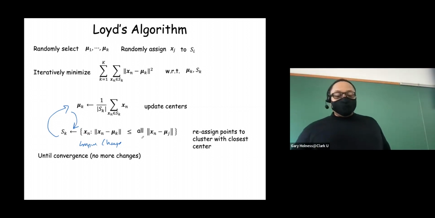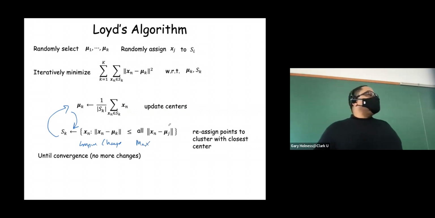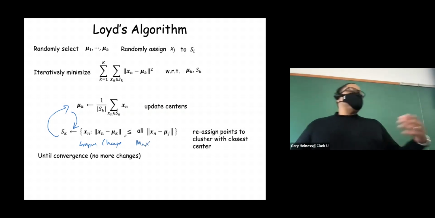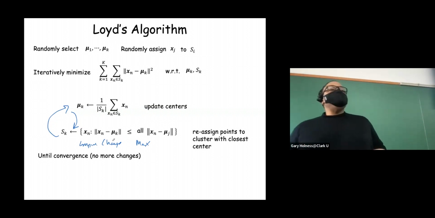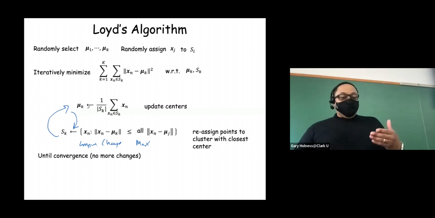And so this second step is called the maximization step, because you are optimizing, or minimizing; minimization and maximization are the same thing. You're reassigning points based on minimum distance to the center. And this is the expectation. This is the mean or the average center now that you've reassigned the points. Does that make sense?